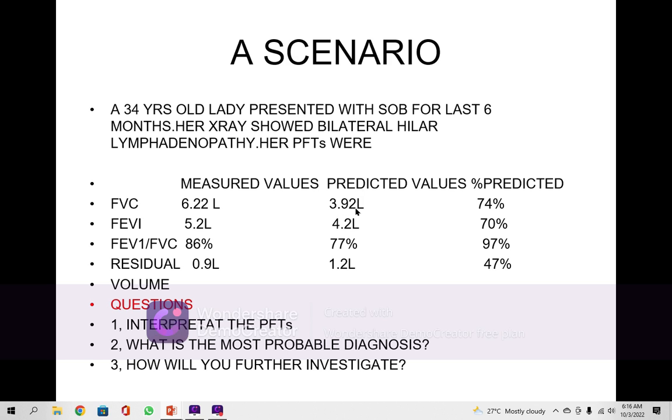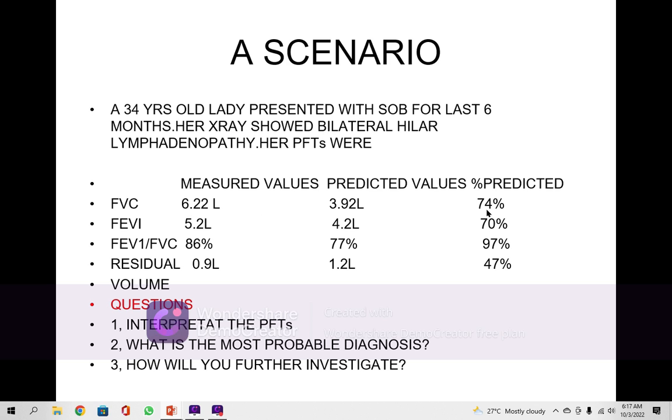It is 3.92 liters. So the forced vital capacity of 6.22 was the measured value by spirometry, and the predicted value was 3.92. So forced vital capacity is fine.